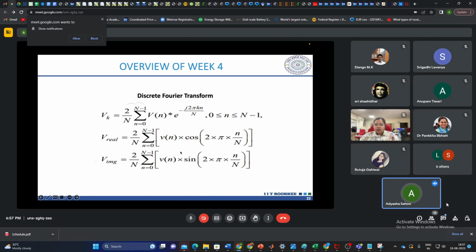N is the total number of samples. Utilizing this DFT, we get the real and imaginary part of this phasor, and the magnitude will be the square root of V real square plus V imaginary square, and the angle will be minus tan inverse of V imaginary upon V real.